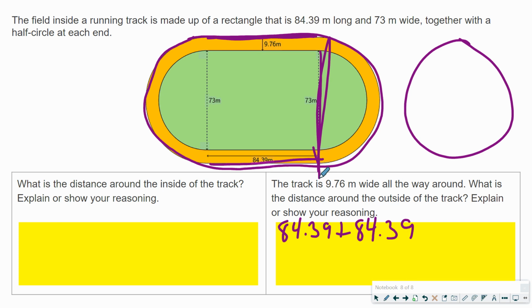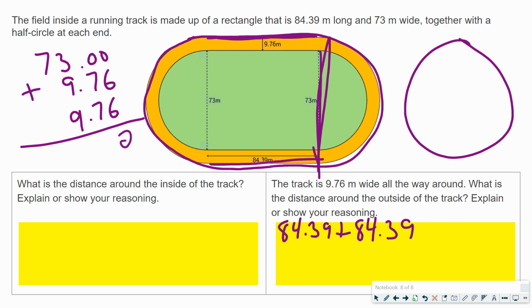So I'm going to do 73 plus 9.76 twice, and that's going to be my new diameter. So 92.52.